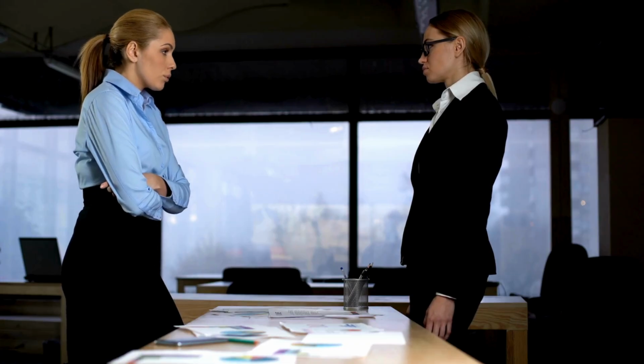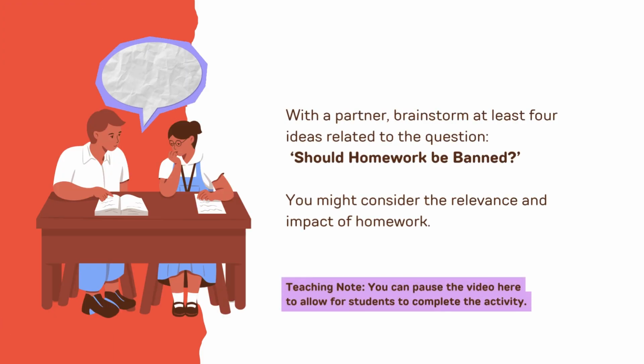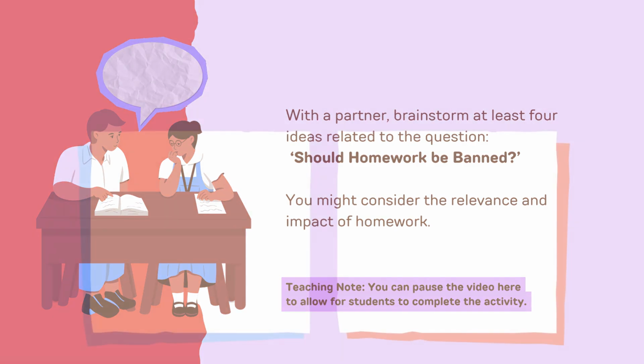Now, it's time for you to do a discussion. With a partner, please brainstorm at least 4 ideas related to the question: should homework be banned? And you might consider the relevance and the impact of homework. You can pause this video and start to discuss with your peers.